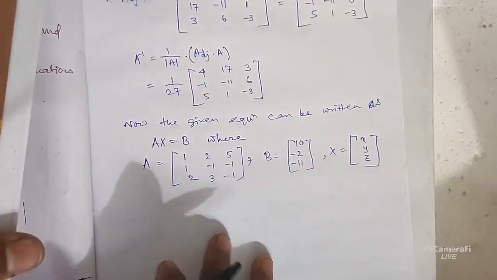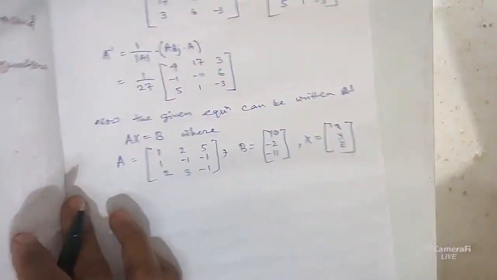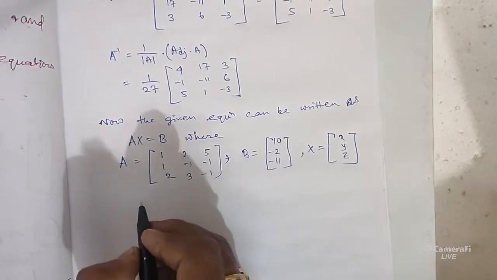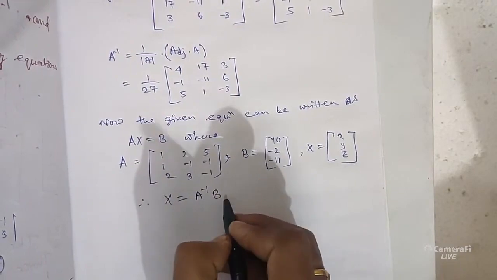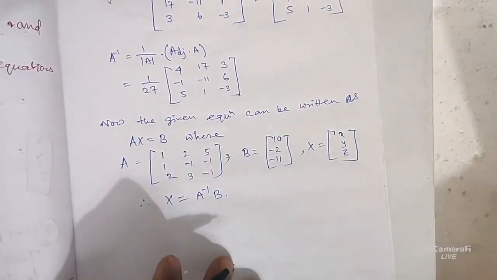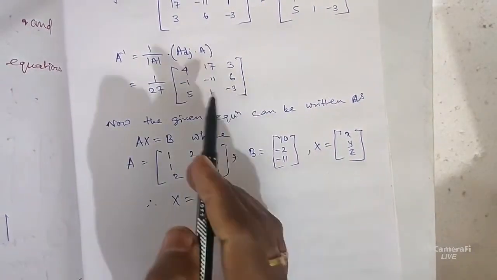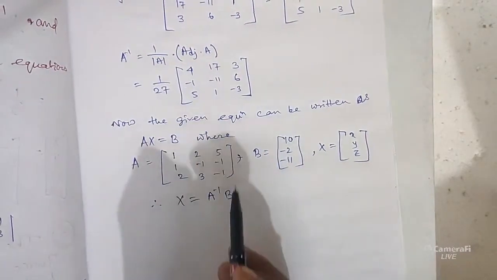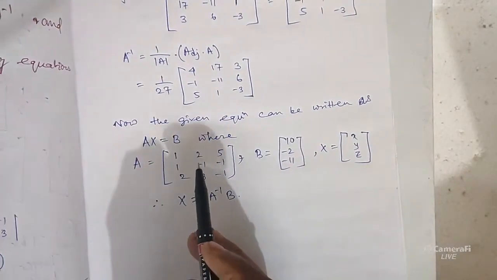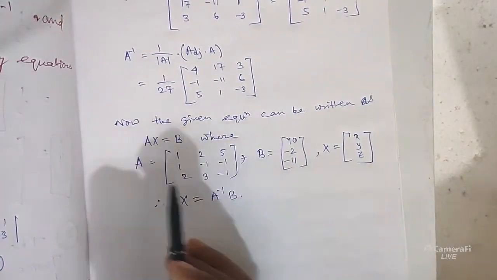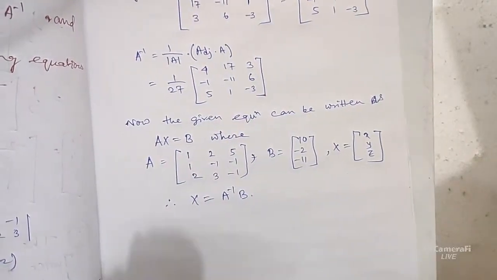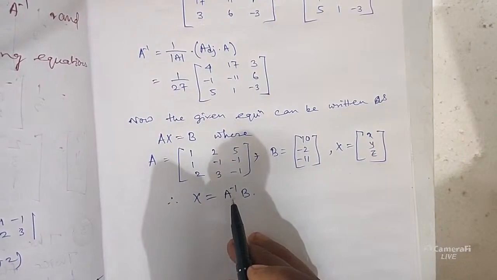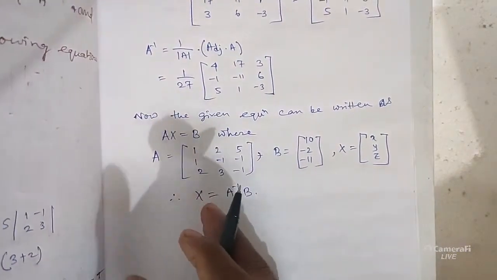So what will be the value of X? From here we can write, therefore X equals A inverse B. Now check, A inverse we already have. The same matrix is coming from the equations also, whatever matrix A is given. So A inverse we already have.